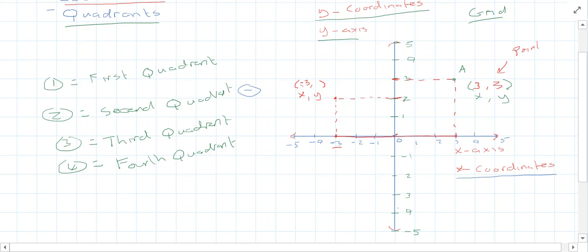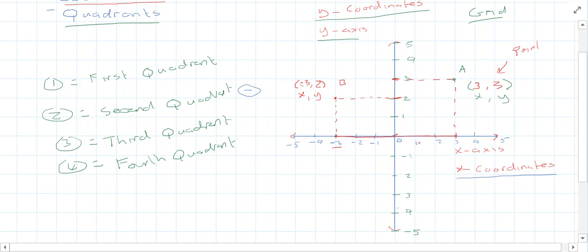We can see that it cuts the y-axis at 2. So it's (-3, 2). These are the coordinates for this particular point, and we can call this point B.